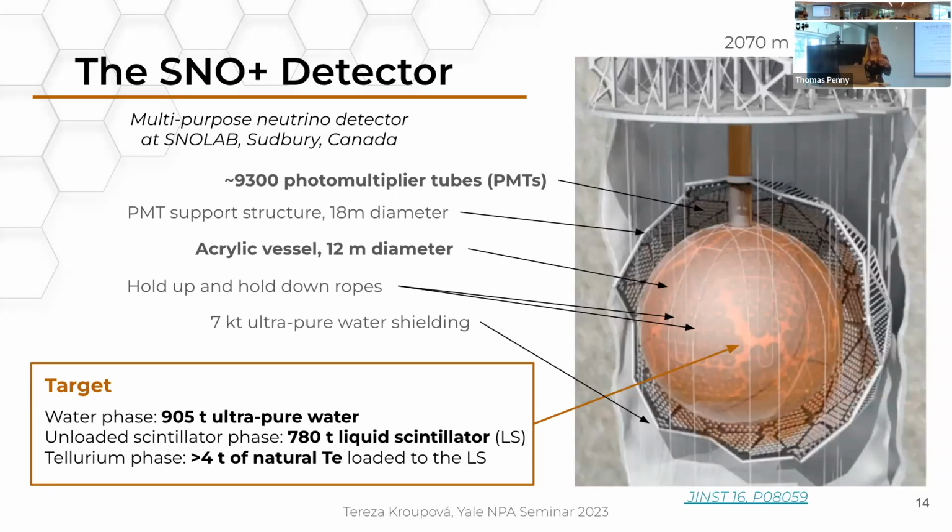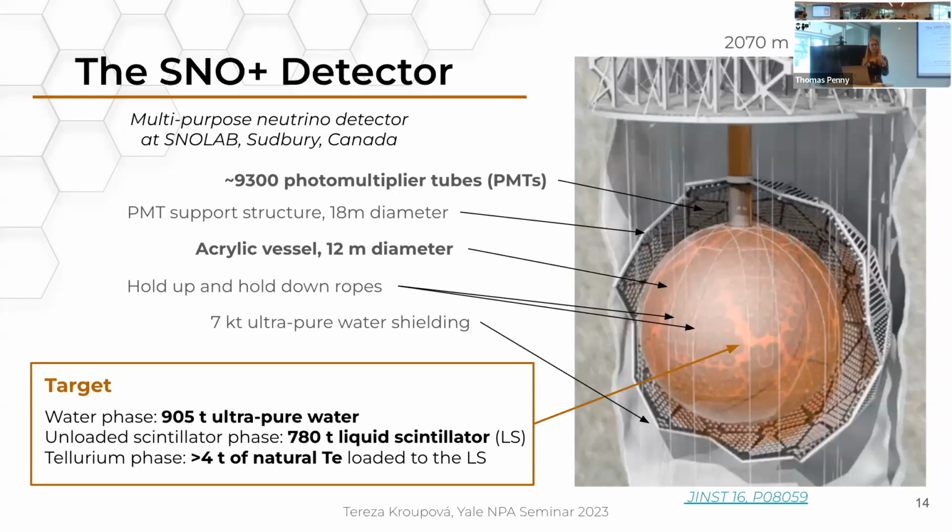And they're watching this acrylic vessel that's 12 meters in diameter and its contents. The vessel is held in place by hold-up and hold-down ropes to prevent it from floating. And there are 7 kilotons of ultra pure water everywhere between the cavity walls and the acrylic vessel in order to shield it from radioactivity inside the PMTs and the rock.